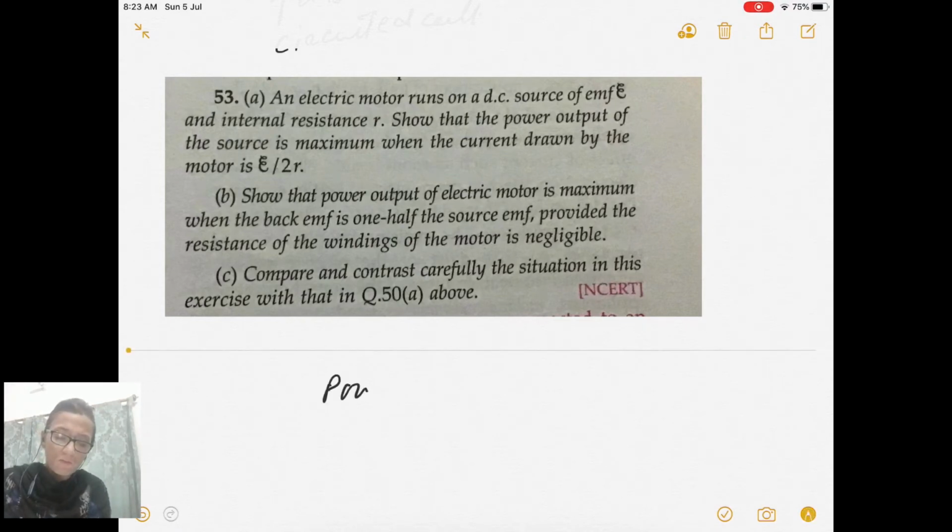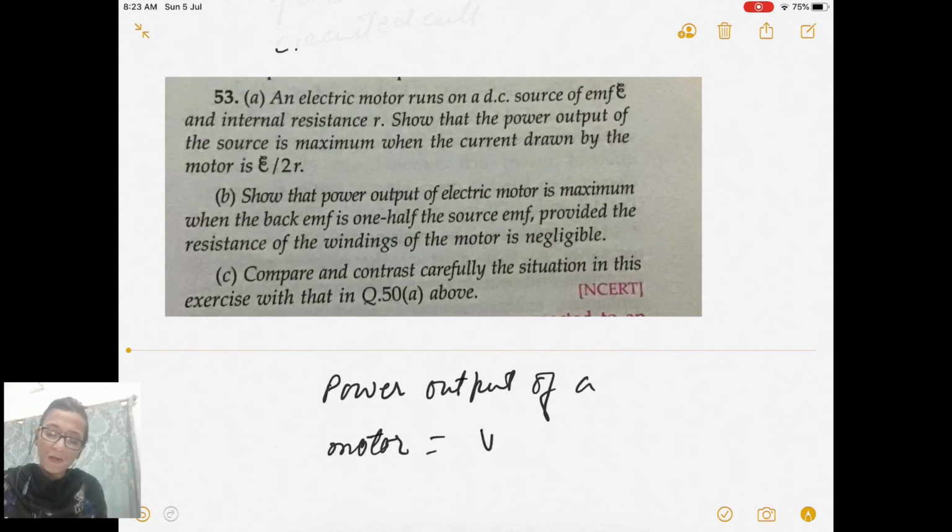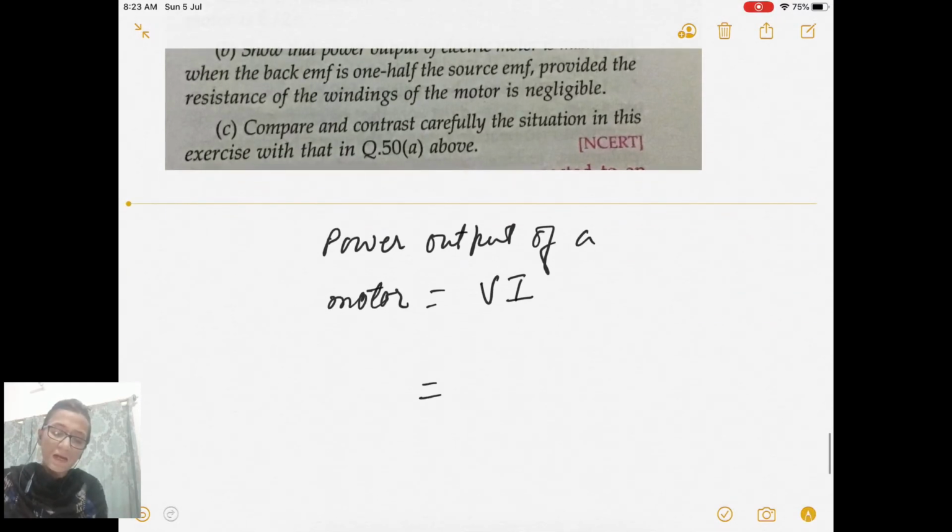So, power output of a motor is equal to terminal potential difference V into I. And we know that V is equal to E minus Ir, into I. This is power output.